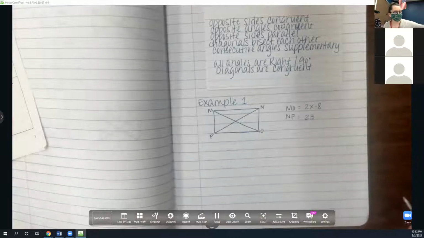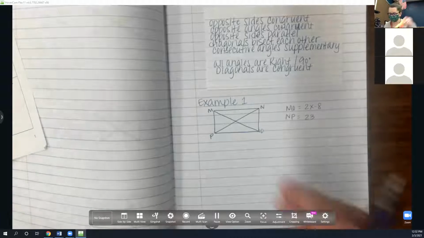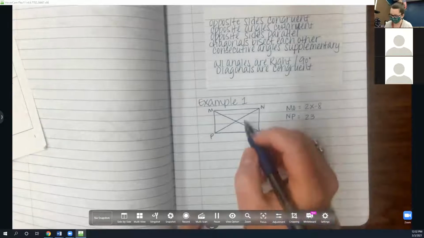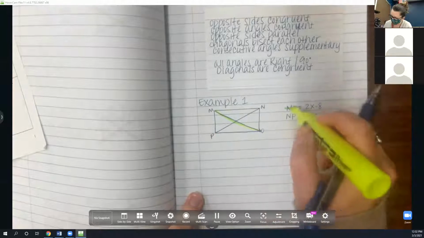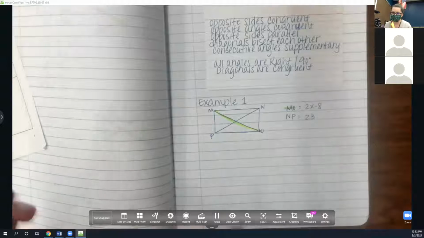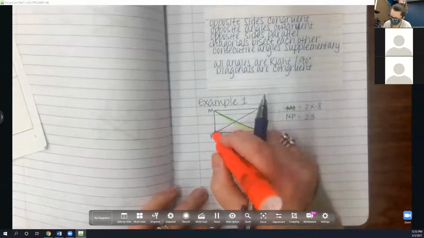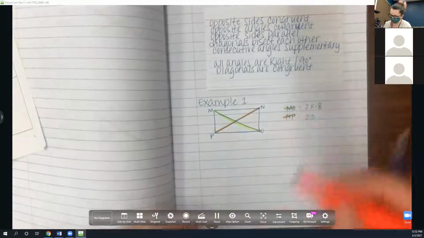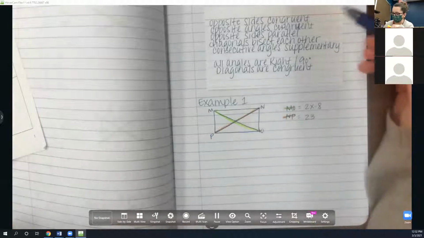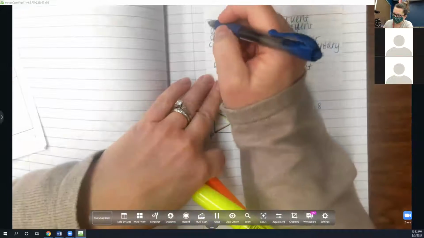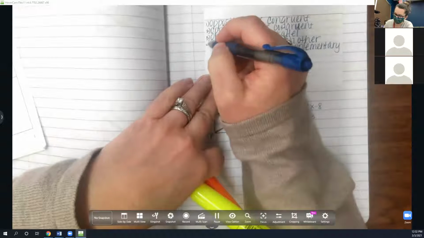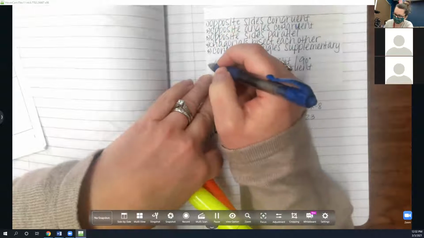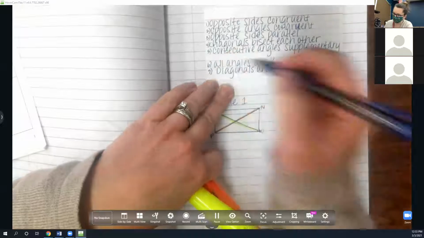So I'm going to use my highlighter here to show you what those are. M to O is 2x minus 8, and N to P is 23. Can you tell me, I'm going to put numbers next to these, which property are we going to use to solve for x here?